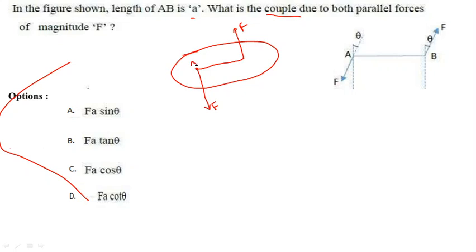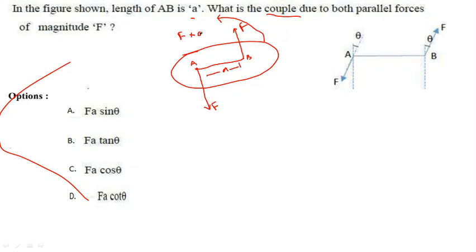So this is point A and point B. At point A the force F is acting, and at point B the same magnitude force F is acting. So they will form a couple, and the distance between these two is, say, small a. Now it will form an anti-clockwise couple, also a moment, that is F into a.